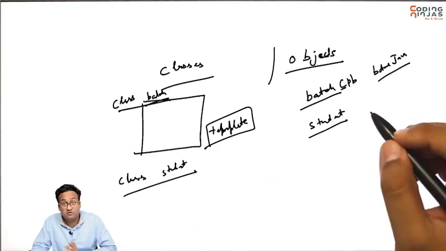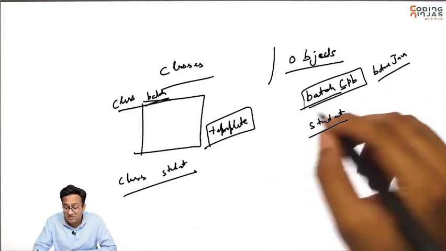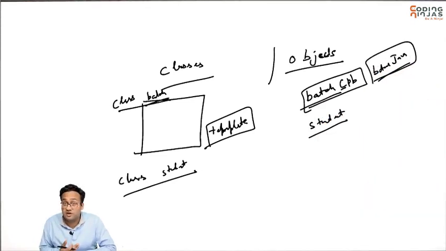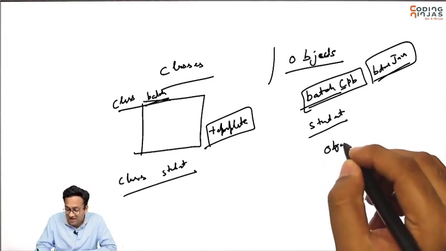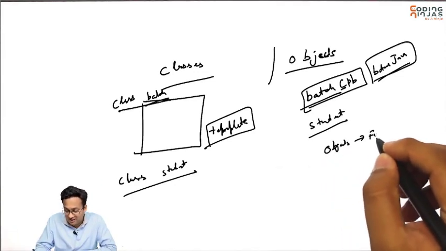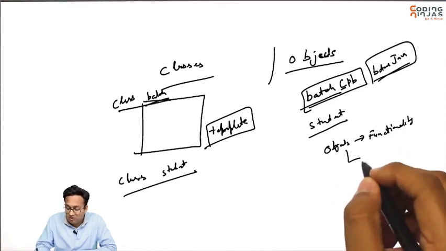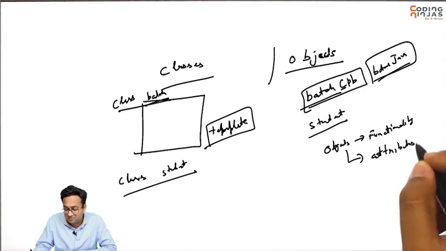Now, as you saw earlier, we would want these objects to have some functionality. They should be able to do some work for us. So generally objects will have functionality. They will be able to do some work for us. They will also have some data, or you can say attributes.